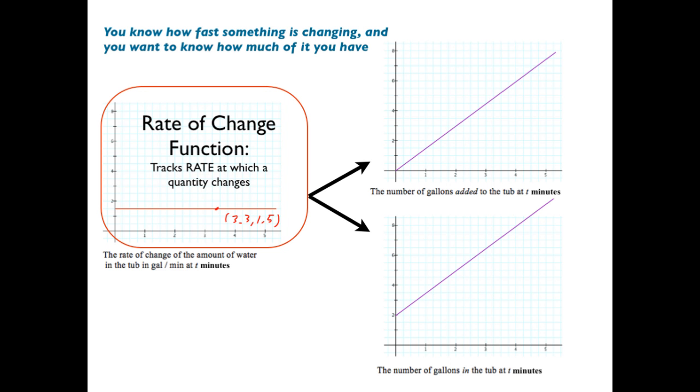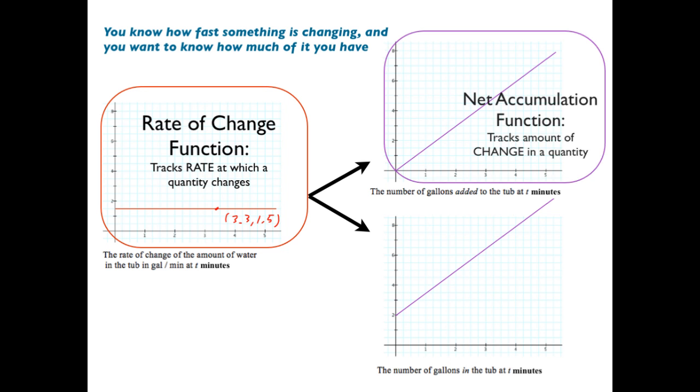Okay, so you know how fast a quantity is changing every moment, and you want to know how much you have. So there's 2 versions of what you have. The first one is what we're going to call net accumulation. This tracks the amount of total change, right?